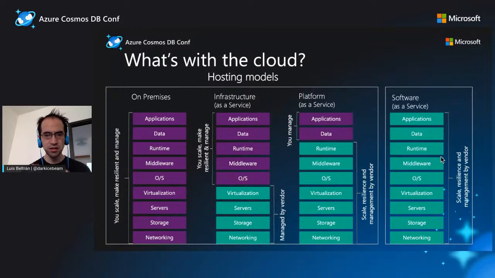If you have your on-premise environment, as you go into infrastructure as a service, platform as a service, or software as a service, you are freeing yourself from responsibilities. In software as a service, for instance, you don't have any responsibility. You just need maybe a browser to start using an application such as Office 365 documents and so on.